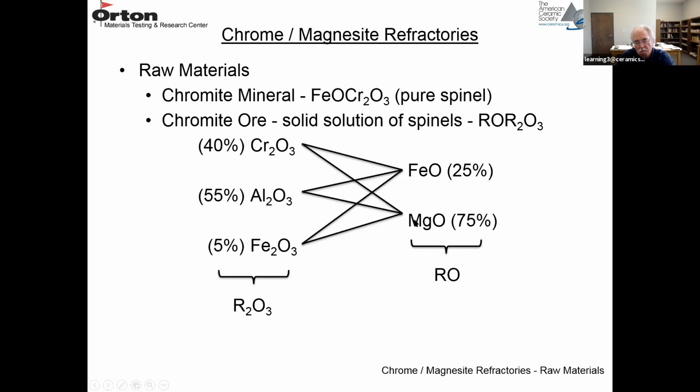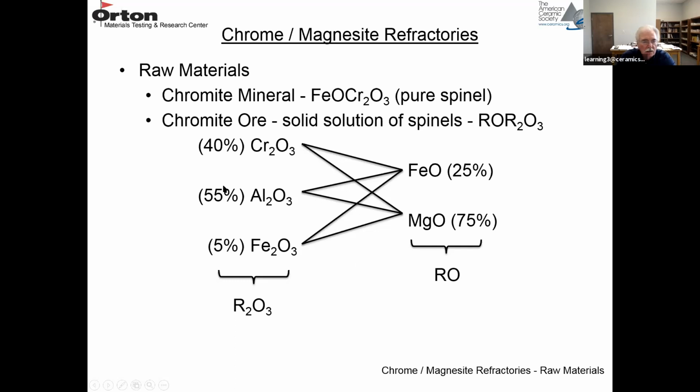It can combine with MgO to form that spinel, MgO·Cr2O3. And likewise, Al2O3 can form two spinels, and Fe2O3 can form two spinels. So there are 6 different chemical compositions that can form in this chromite mineral.